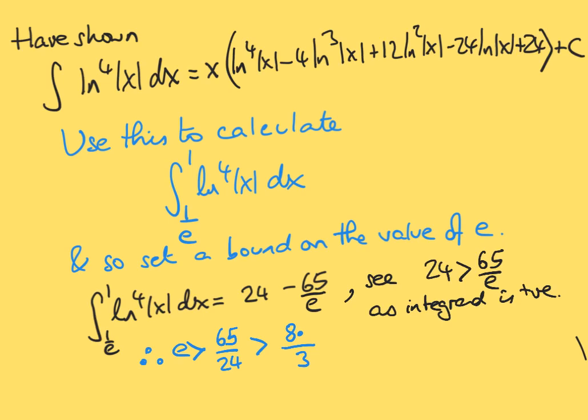64 divided by 8 is 8. 1 over 8 is 0.125. Now we just divide that by 3, and what we're going to get is 2 point, and then we would have 2, 1, which is 7.